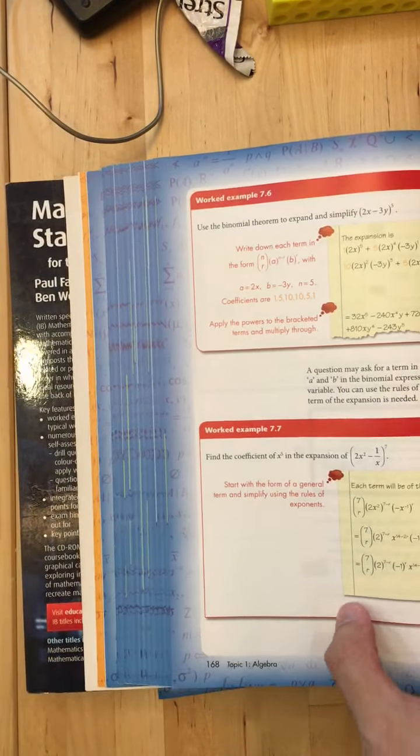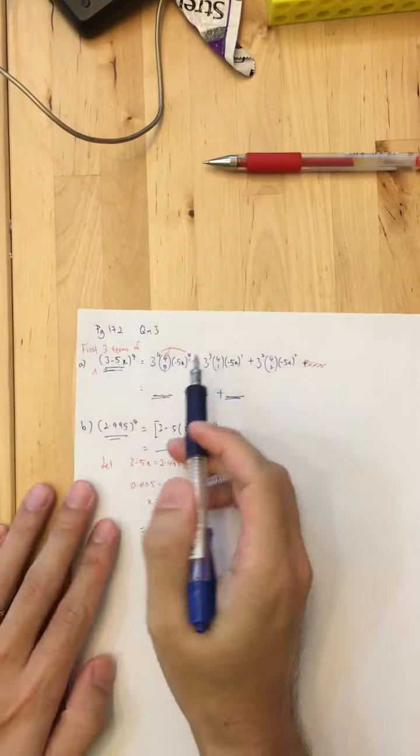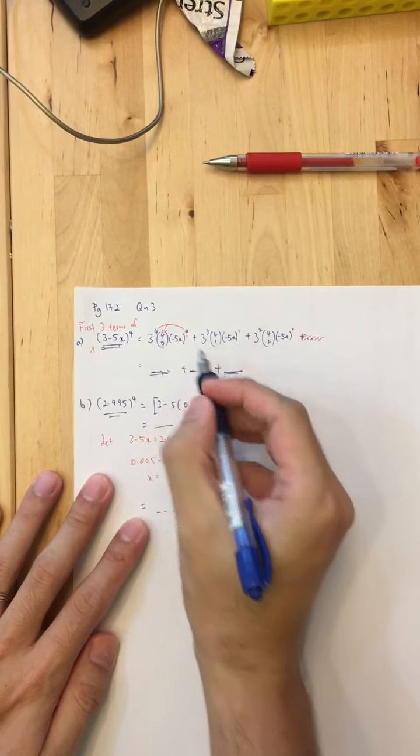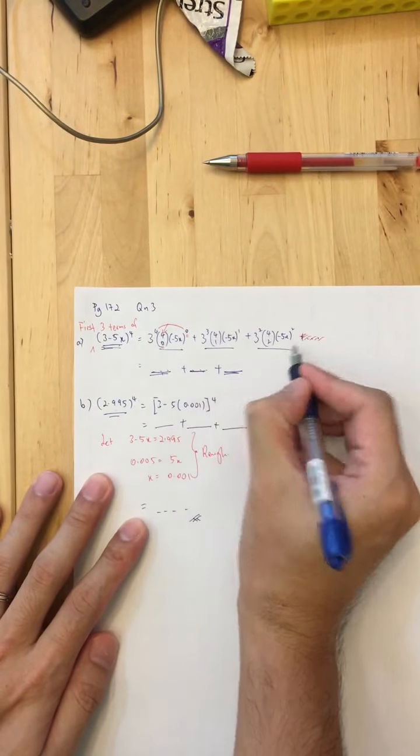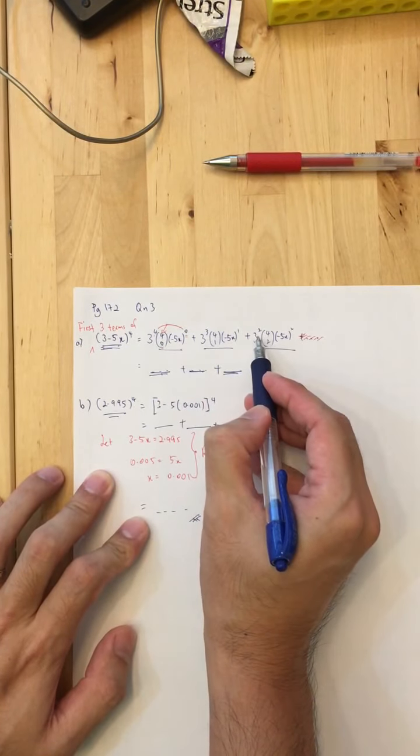Because in your usual expansion, you notice all these terms follow a certain pattern, right? This decreases in order.